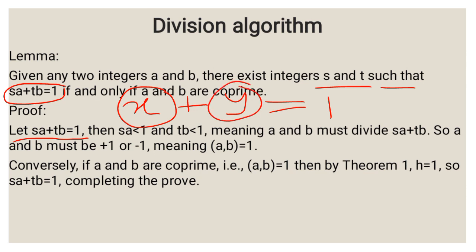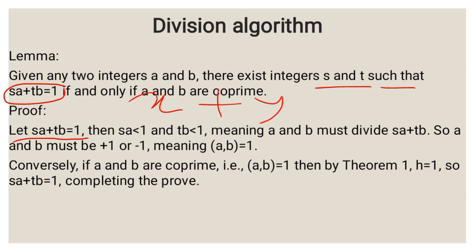As in x has to be smaller than y. Anyhow, one of them has to be smaller, because if I happen to have taken 5 plus 9, it cannot be equal to 1. So you have to be careful and select our values in such a way that the sum of these two items would give us 1.